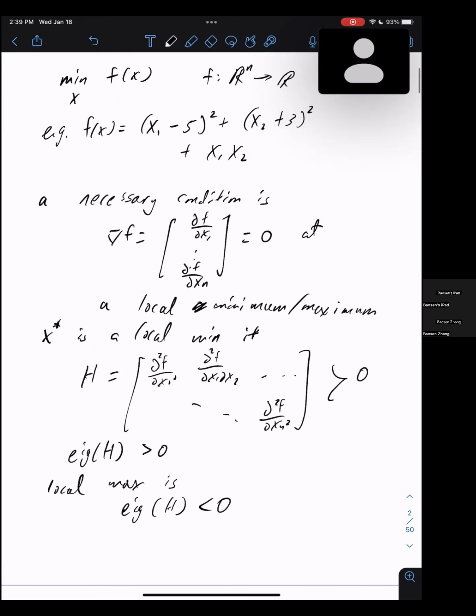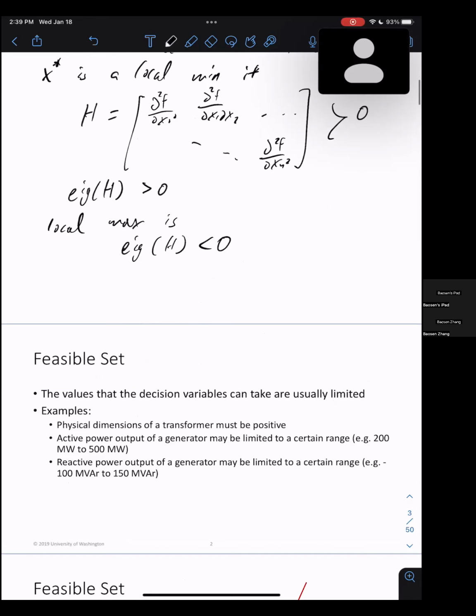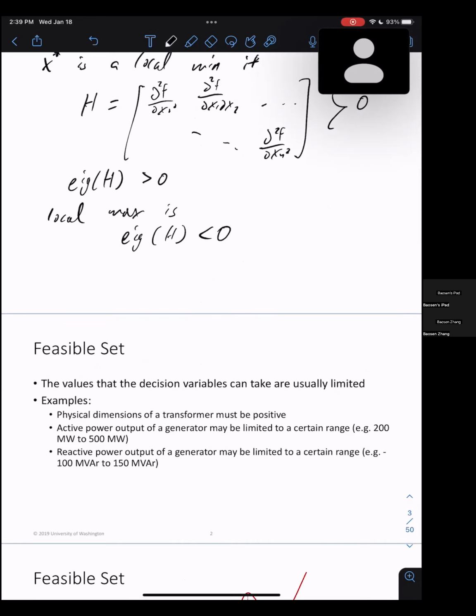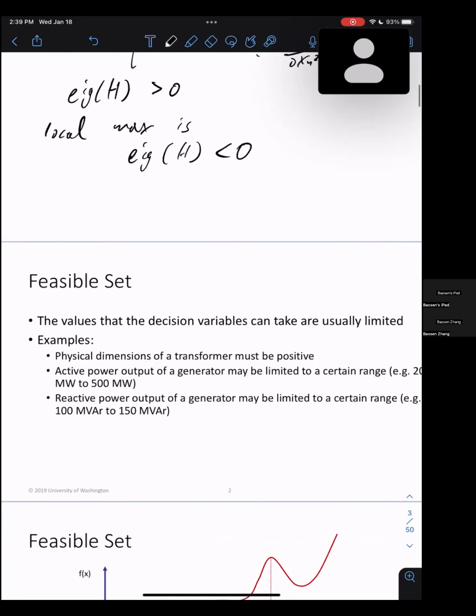The reason this is called unconstrained optimization is because X can take any value you want. X is free to be between minus infinity and plus infinity. But obviously that's really not what happens in practice. Most times in practice, you're limited.